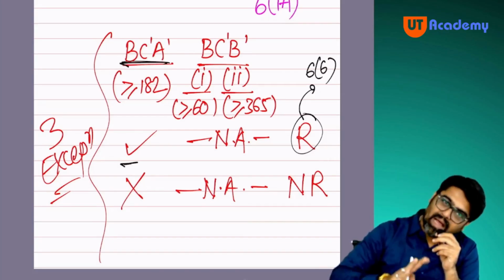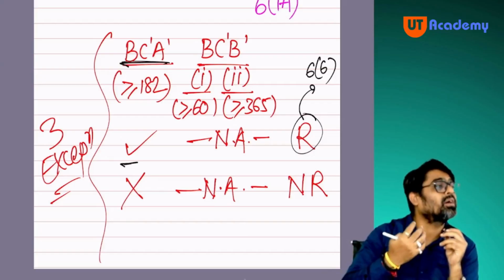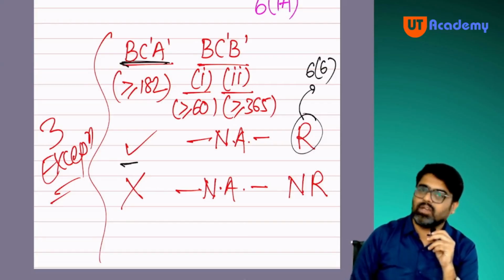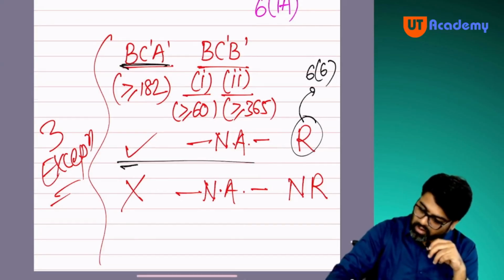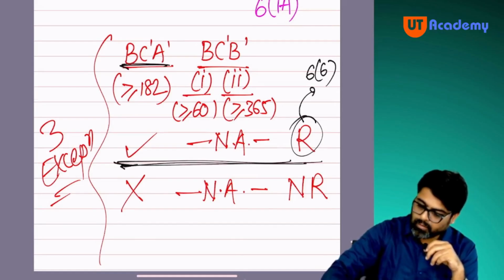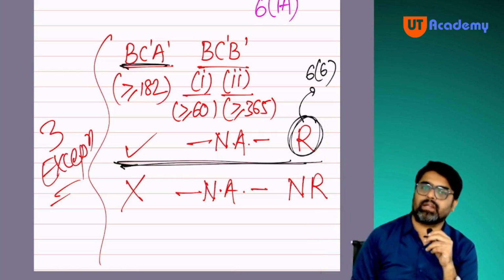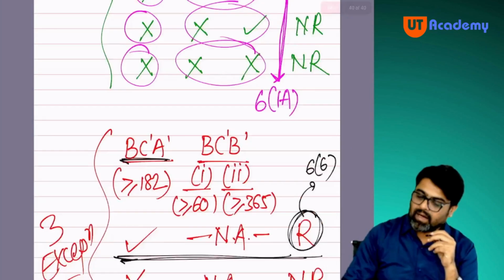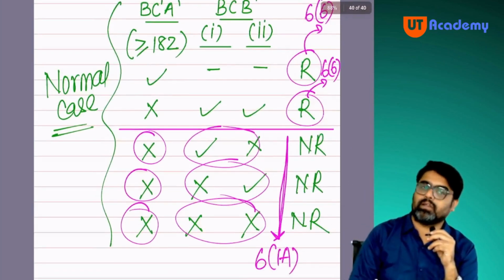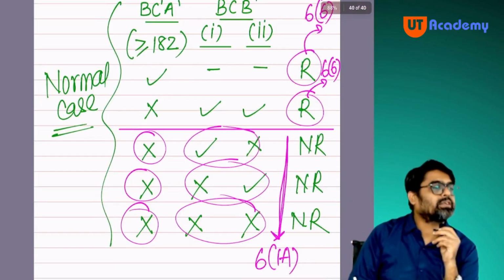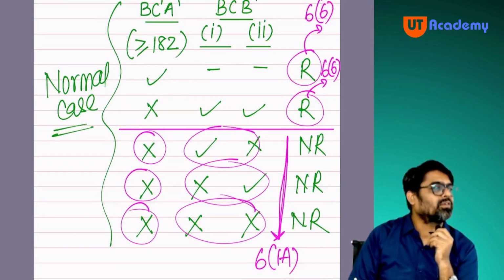You will remain ROR only, resident and ordinary resident. So in this case also, if you become a resident, you will have to go and check additional conditions of section 6.6. In the earlier 2 cases also, when you become resident, you will have to check additional conditions of section 6.6.